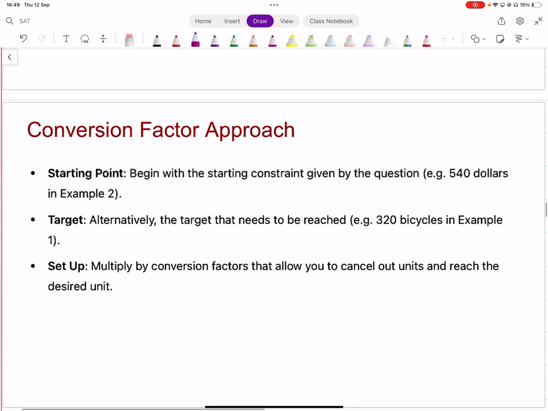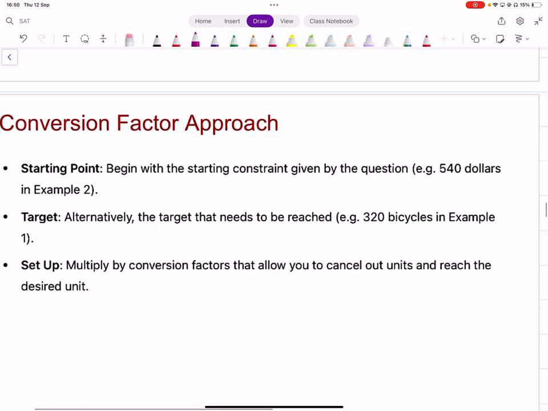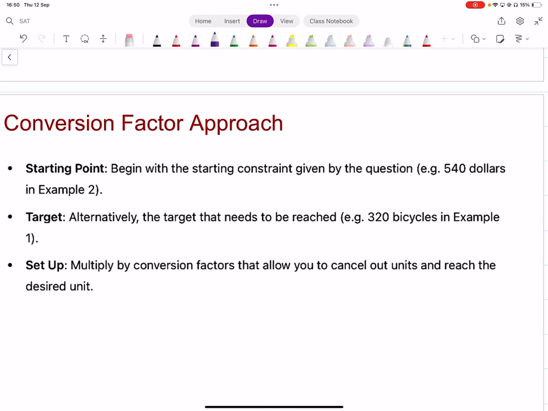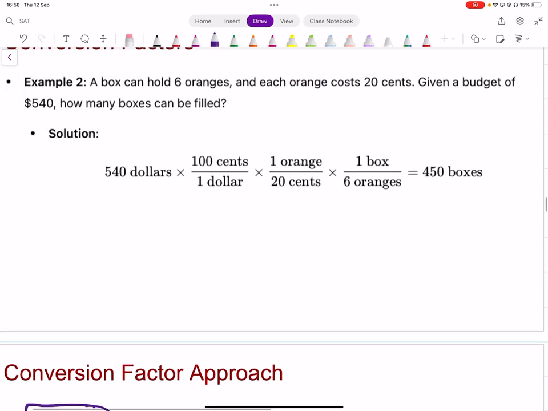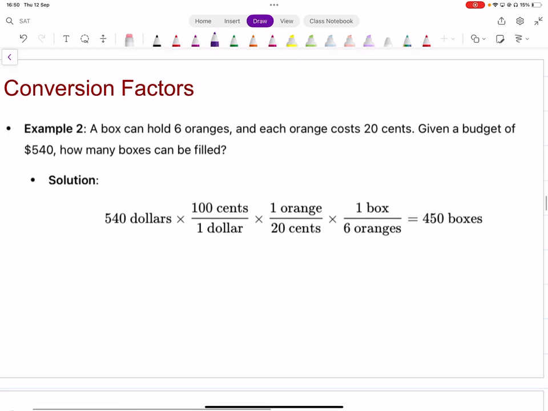Now I'll go back to another example, but keep this in mind when we look at that example. In order to work with conversion factors, you either begin with some starting constraint. You might have something given. Let's look at this example first as well.